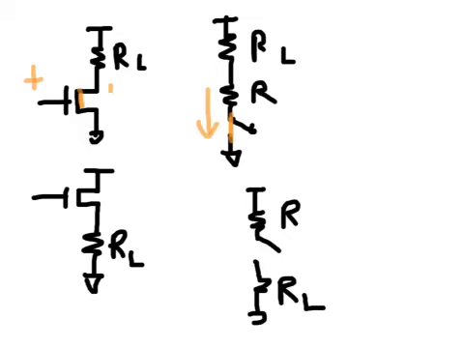In this configuration, the NMOS is known as a pull-down device, because when the MOSFET is connected, the voltage of the output node gets pulled down to logic 0 or ground, because charge is sunk through the MOSFET.